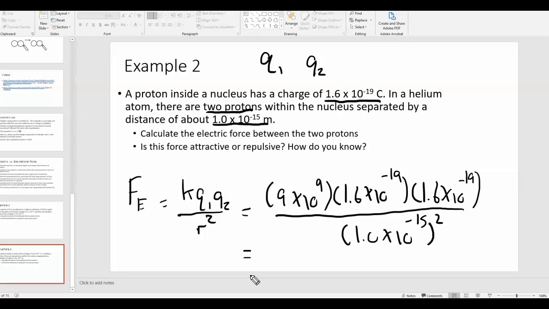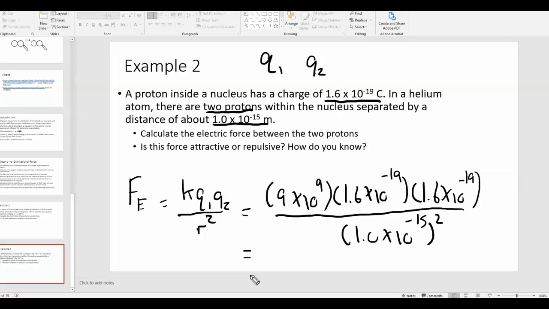The second question, by the way, as I type this into my calculator, is asking if this force is attractive or repulsive. Well, if we have a proton that's positive and then another proton that's positive, two positive charges are going to repel. Okay, because positive and positive repel.